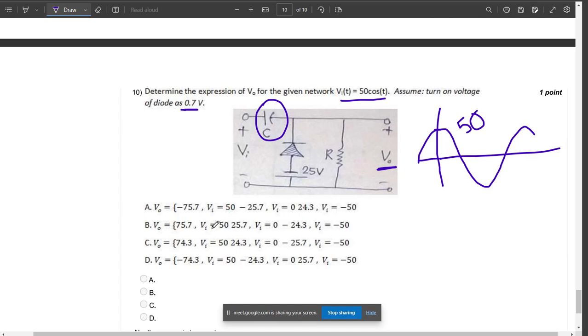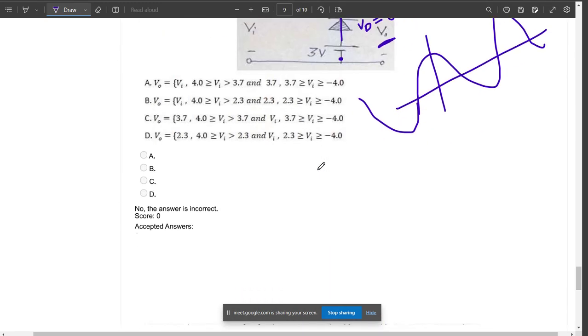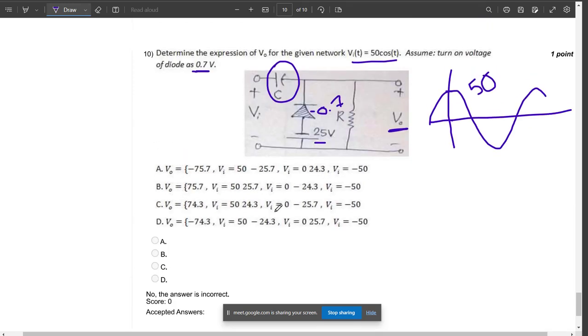So one thing is, this is 25, this is 0.7. Better to write as minus 0.7, right? This is minus 25, this is minus 0.7. So look at the boundary cases. It will be easy for you to find out values at the boundary cases, when the diode gets reverse biased, when the diode gets forward biased.